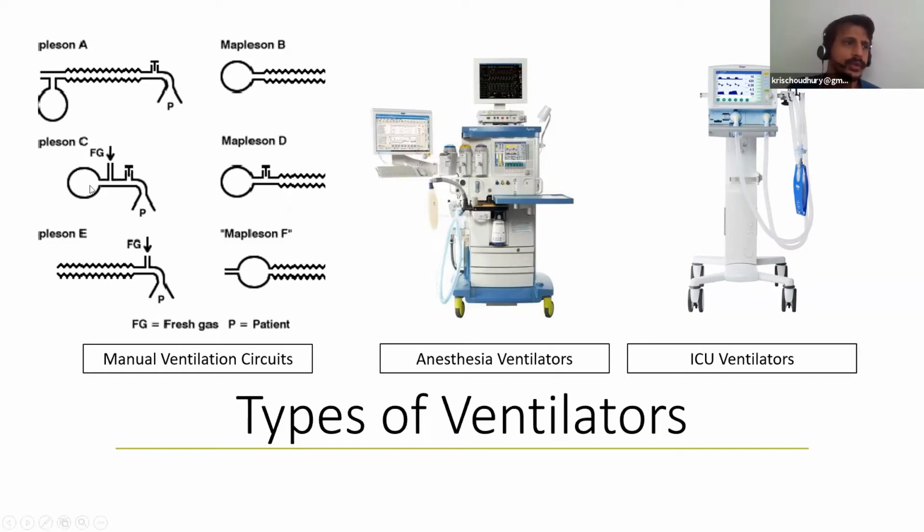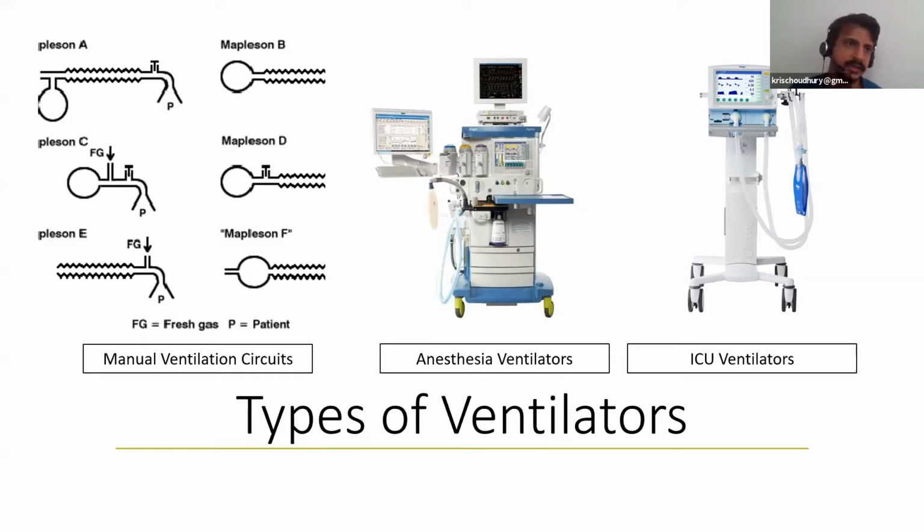So from here, the ventilators basically graduated to the anesthesia ventilators that you can see on the right side. Most of these anesthesia ventilators are a better version of the Mapleson circuit, and they are used to ventilate patients who are under anesthesia.